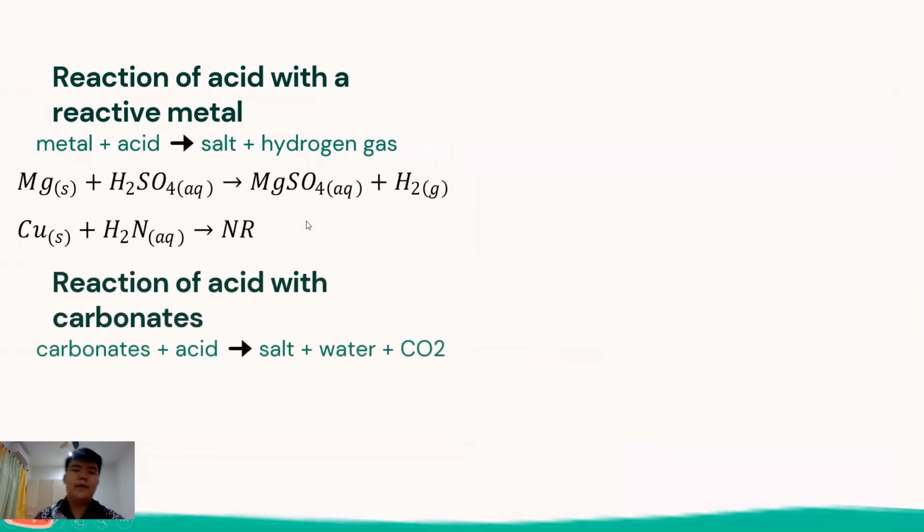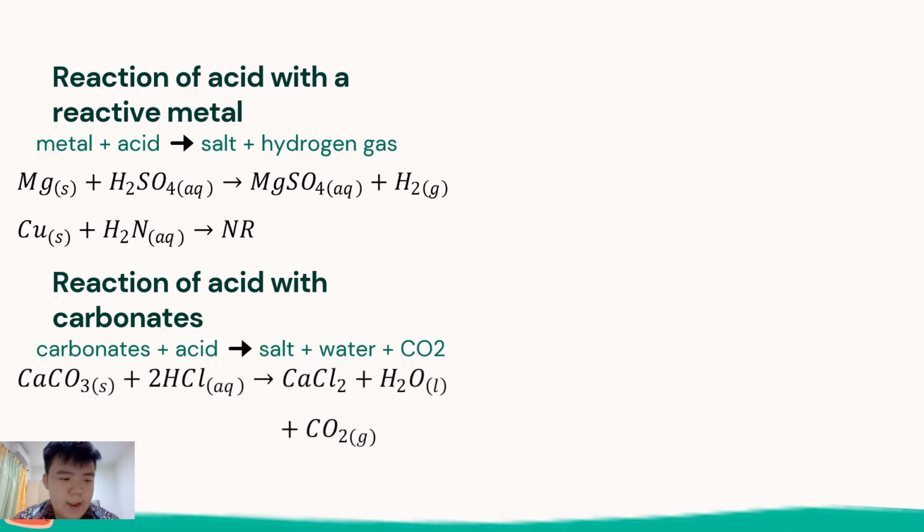So we'll continue. The next one is the reaction of acid with carbonate. When a carbonate reacts with an acid, it will yield salt, water, and carbon dioxide. For example, calcium carbonate, when we react it with two molecules of hydrogen chloride, will yield calcium chloride, a water molecule, and also carbon dioxide gas.